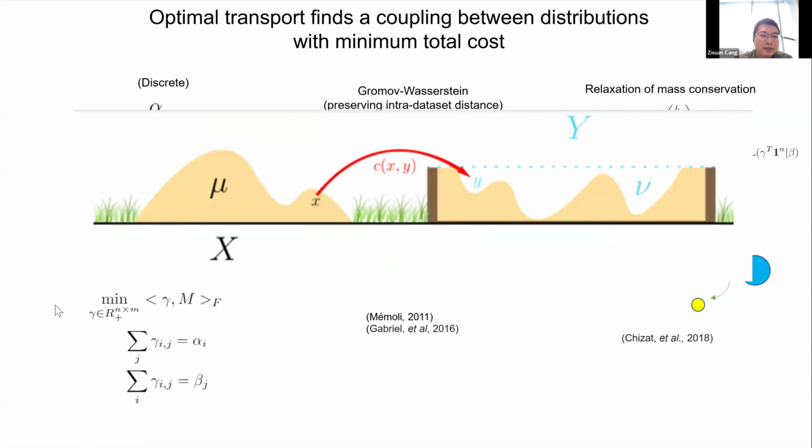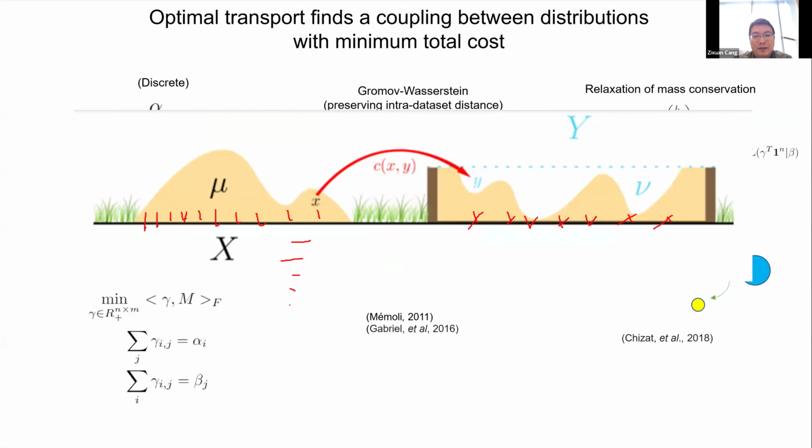So in the discrete setting, if we attach a grid system to these two distributions, then we can use a matrix to annotate how much sand we transport from one location to another.